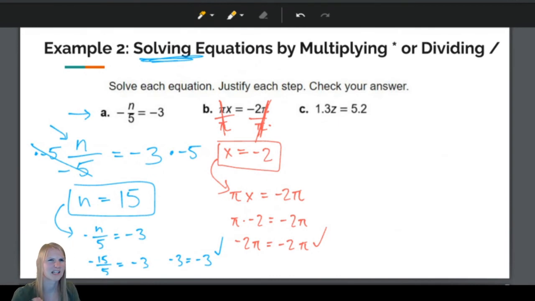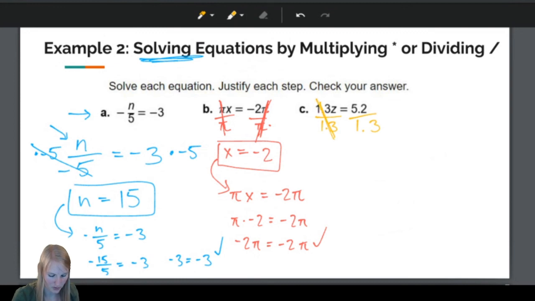Now remember, I want to get the z by itself, so to undo multiplication, 1.3 times z, I need to divide by 1.3. That'll make them go away. Oh, but wait, if I divide by 1.3 on one side, I have to divide by 1.3 on the other side. So I'll divide by 1.3 over here as well.